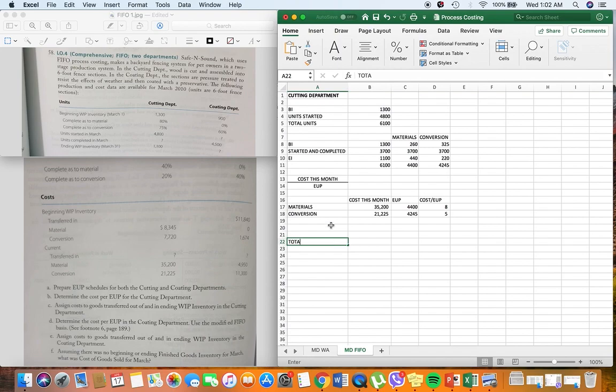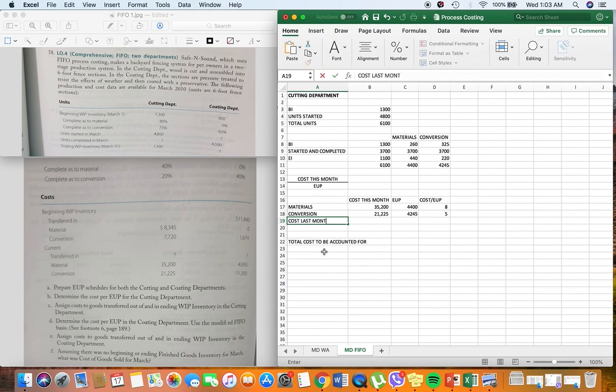The next step is to compute the total cost to be accounted for. We all know that the total cost to be accounted for is simply the sum of the prior month's and the current month's cost. But since we have only included the cost this month in our cost per EUP computation, I have to compute the total cost last month.